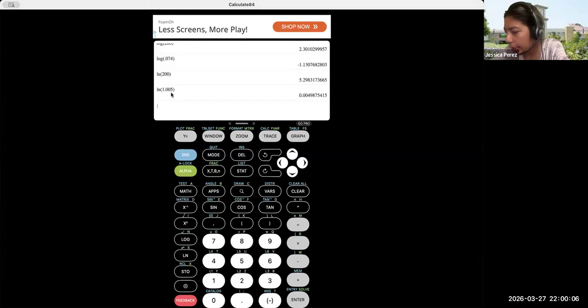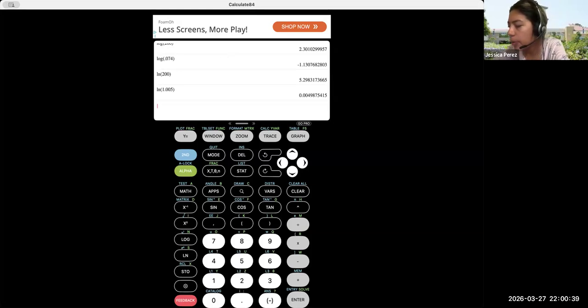If I plug it in on the calculator, that's what we get. Now, the next thing is we also want to be able to check and reorder them. We can also switch from an exponential to a logarithm and vice versa. So we should feel comfortable doing that. Let's move on to the next part.